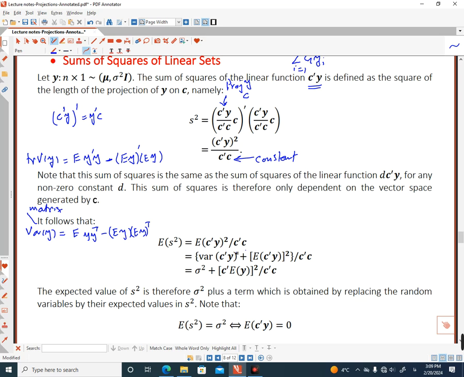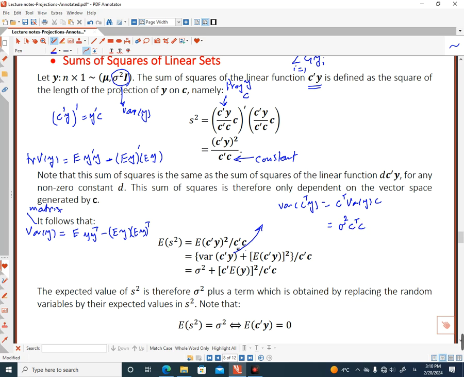But the variance of c prime y is actually equal to c prime variance of y c. And from the assumption, this is the variance of y. So we can say it is sigma c prime c.